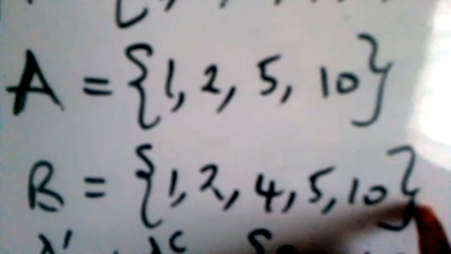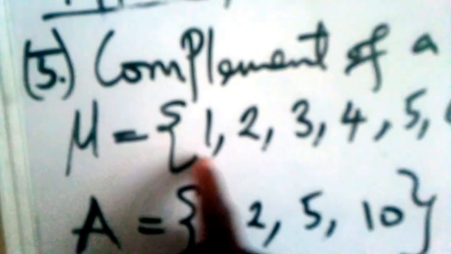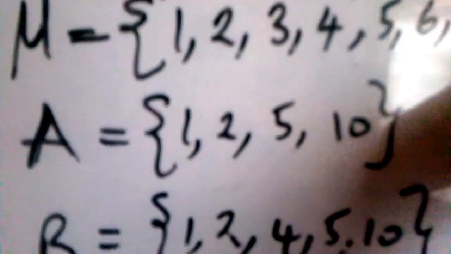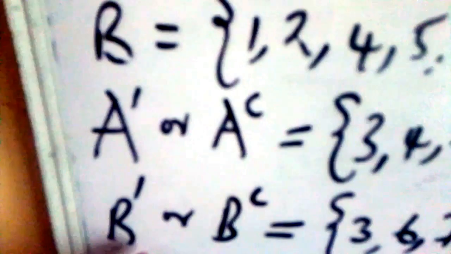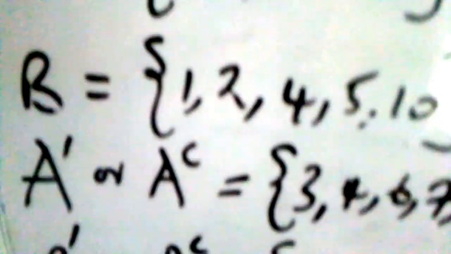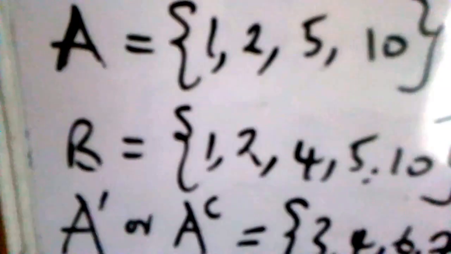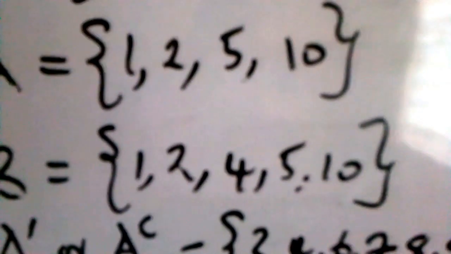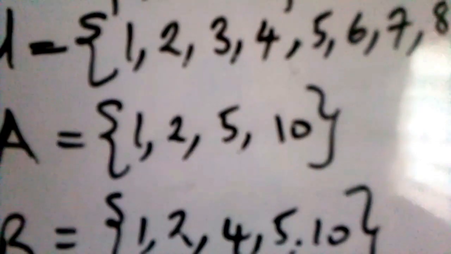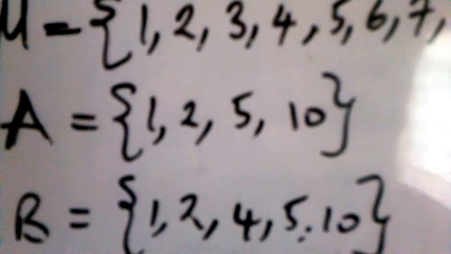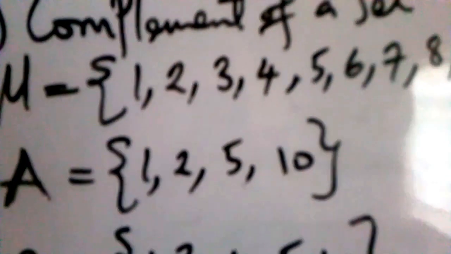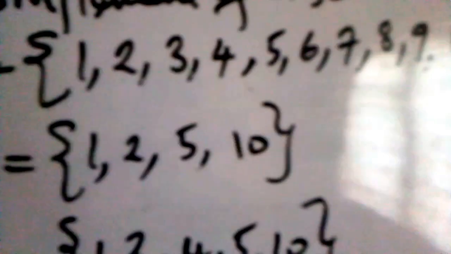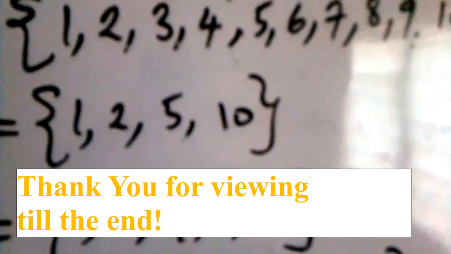Also we have another set B: 1, 2, 4, 5, 10. All these elements are also in the universal set. That means B is a subset of the universal set. Now B complement is 3, because 3 is not in B. 6 is not in B but it's in the universal set. 7 is not in B but it's in the universal set. 8 is not in B but in the universal set.